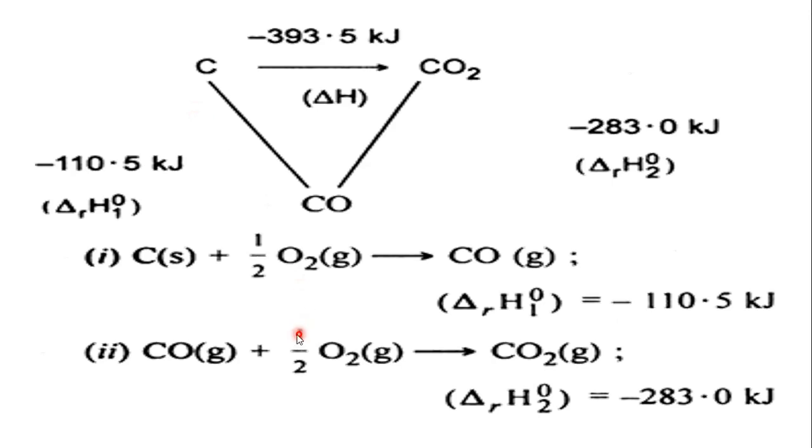But if the same change is carried out in two steps, in first step carbon is converted into carbon monoxide, then ΔH°1 is equal to minus 110.5 kilojoules. And when carbon monoxide is converted into carbon dioxide, the enthalpy change ΔH°2 is equal to minus 283.0 kilojoules.